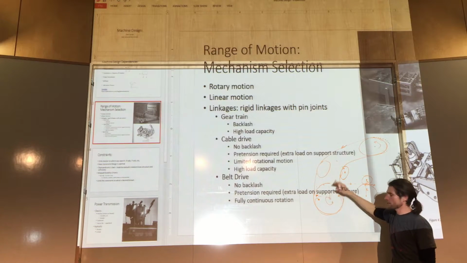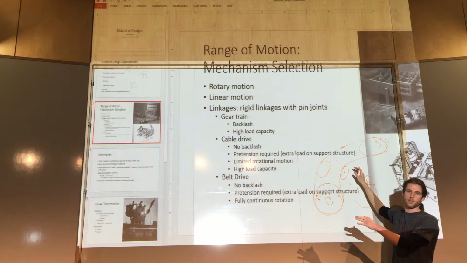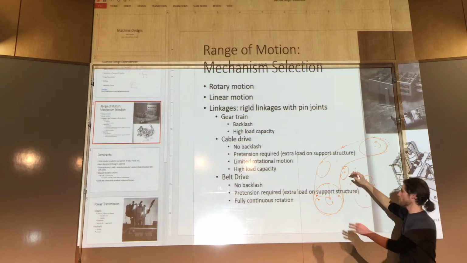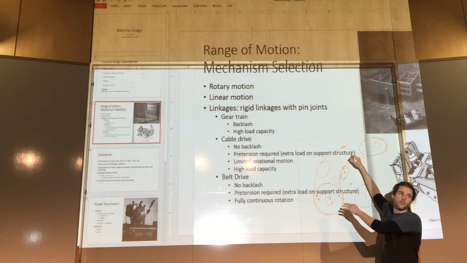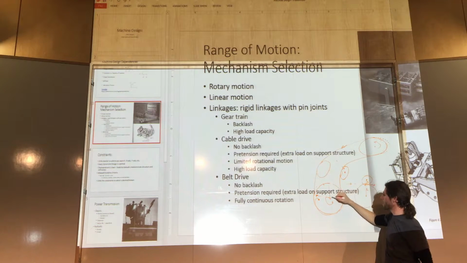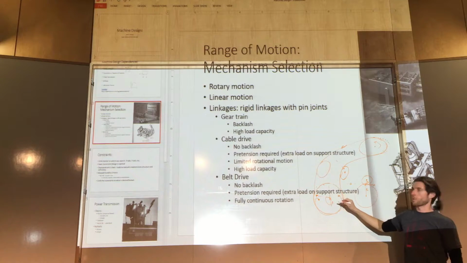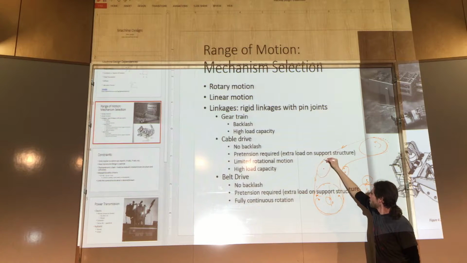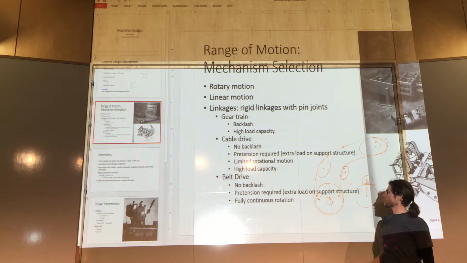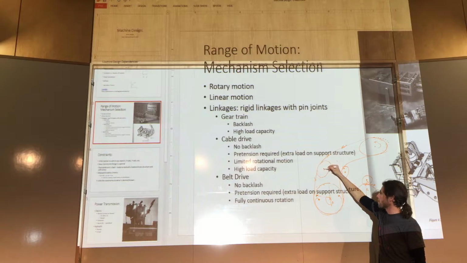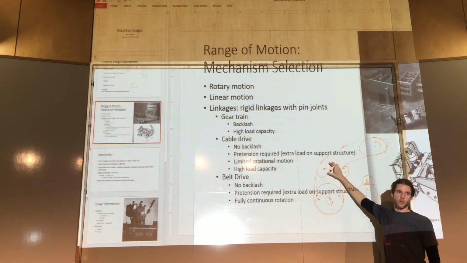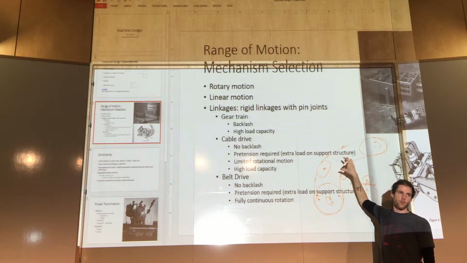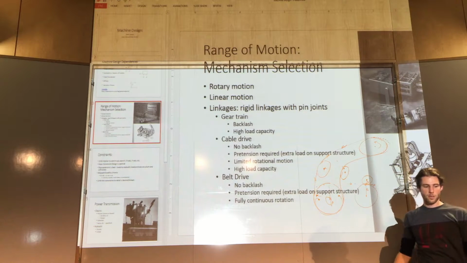That means even before there's a load on this system, my whole system is stressed with that 1,000 newtons or whatever. And that means there's reaction forces on my shafts and all my supports. And even these little pulleys that are hanging out here still have this tension applied across them. And that's causing loading on my shafts. And that means I have to bulk up my shaft support system. I have to bulk up all the material that's holding everything in place.